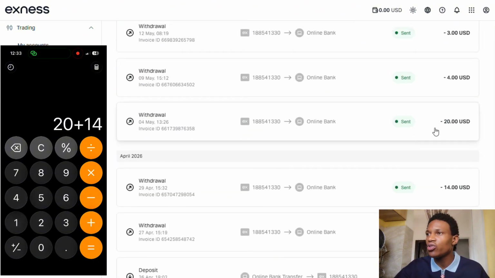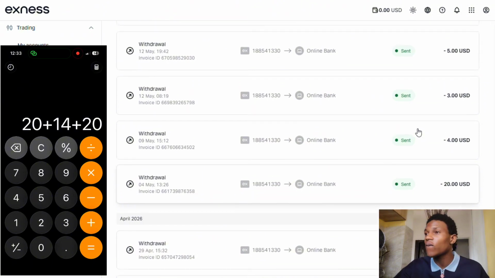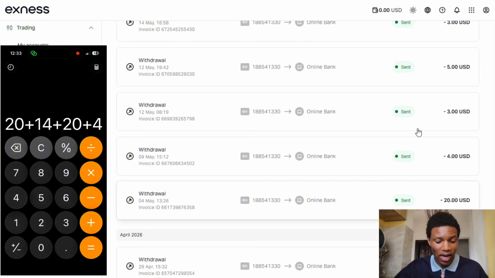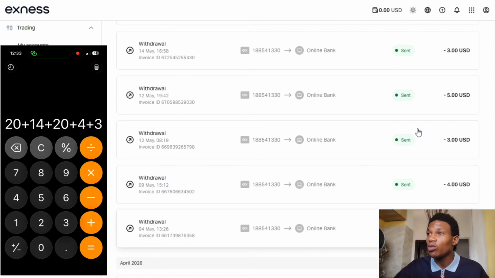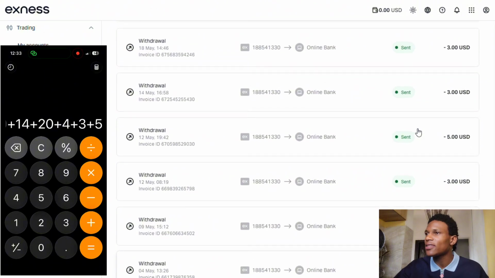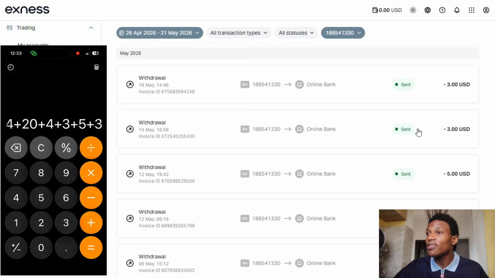My third withdrawal was another $20. My fourth withdrawal was $4. My fifth was $3. My sixth was $5. My seventh was $3. My eighth was another $3.